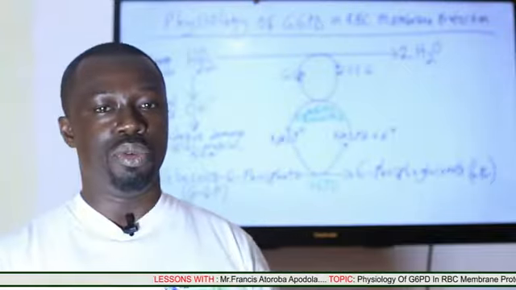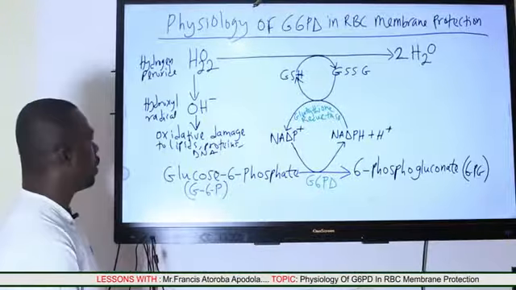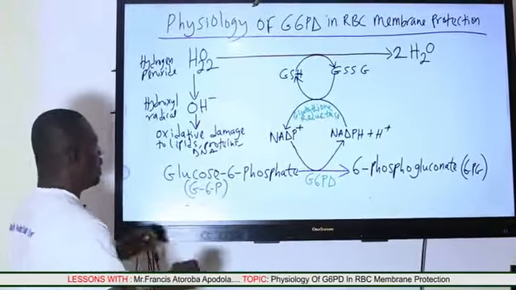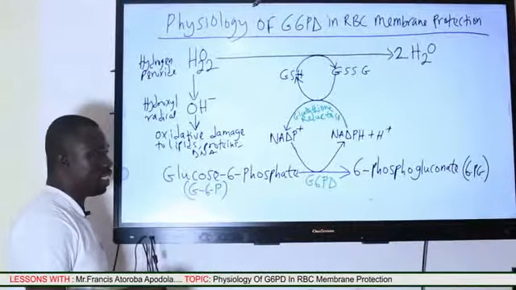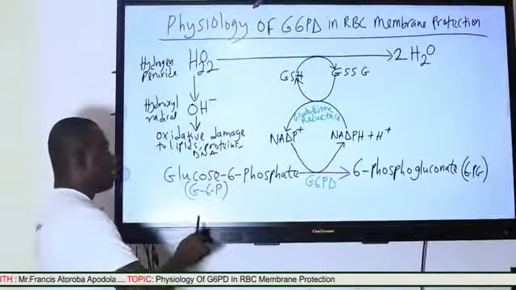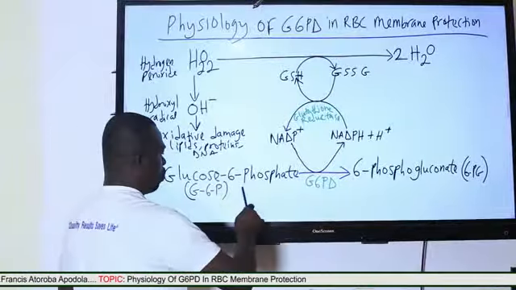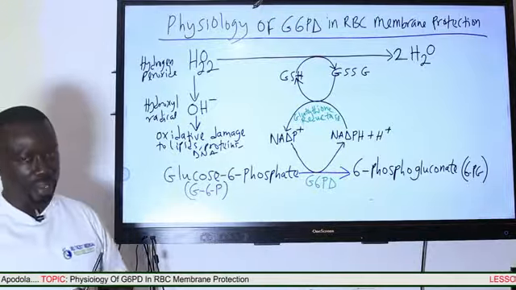Now, we want to explain this in a diagrammatic form. And so, this is a metabolic pathway that is known as the pentose phosphate pathway. In fact, this particular pathway is catalyzed by the G6PD enzyme.